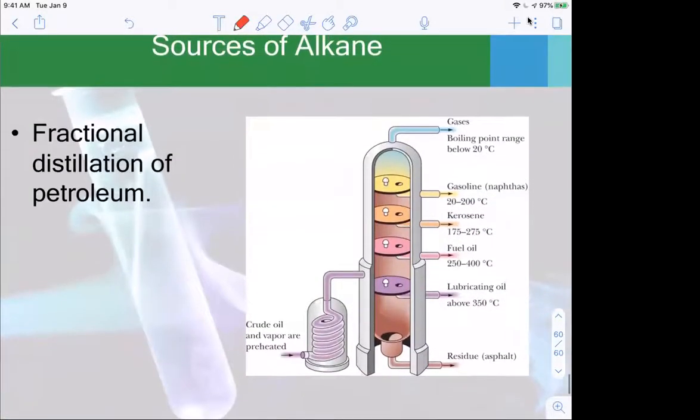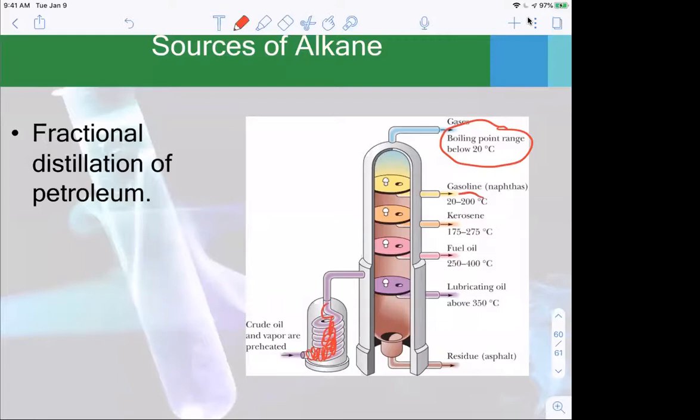I can actually distill petroleum, and this fractional distillation means that my crude oil gets heated and vaporized, and then just like we talked about in our separation using distillation, this is going to separate based on boiling point. So the stuff that comes off first is going to be my gases, which have really low boiling points.